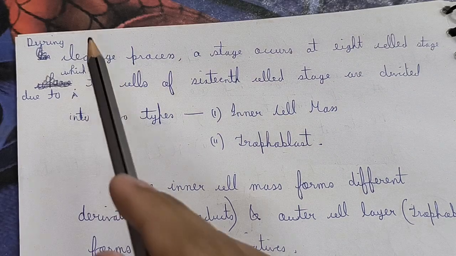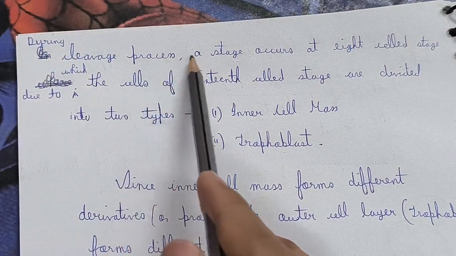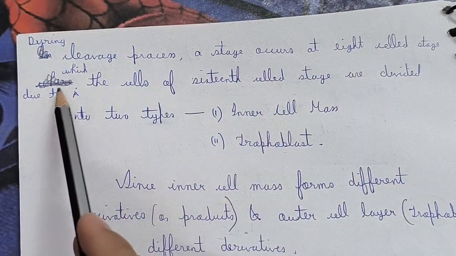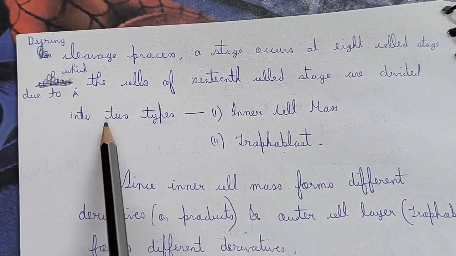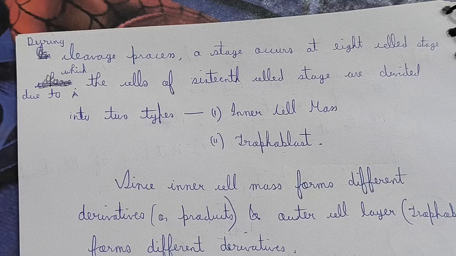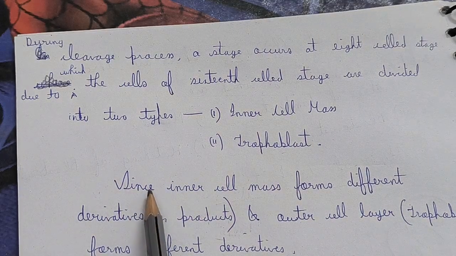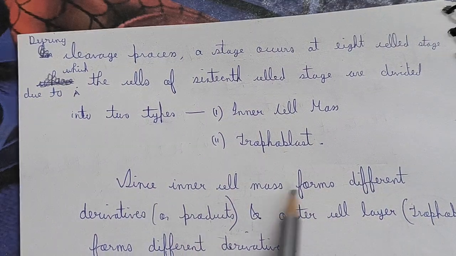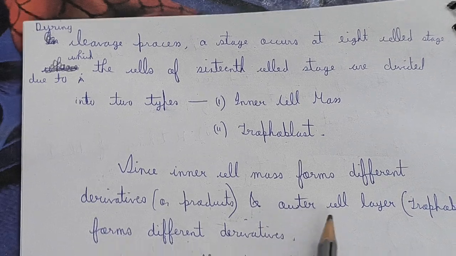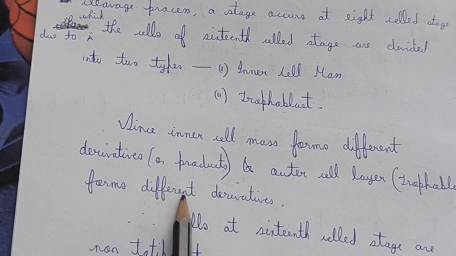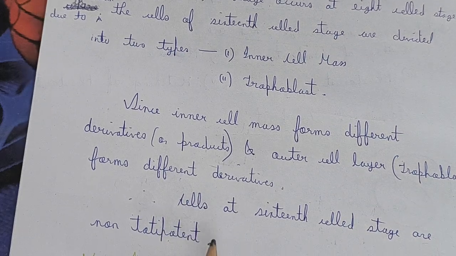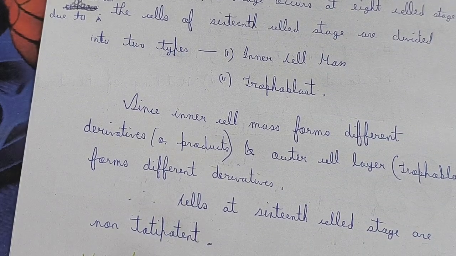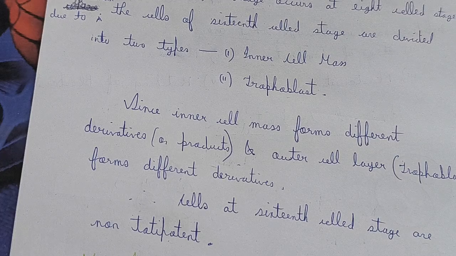Therefore, I have written that during the cleavage process, compaction occurs at the 8 cell stage, due to which the cells of the 16 cell stage are divided into two types, inner cell mass and trophoblast, as I mentioned. Since the inner cell mass and the outer cell layer, or trophoblast, form different derivatives, these cells are non-totipotent cells, and they also have different shape and size.